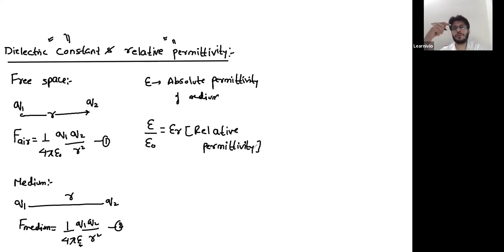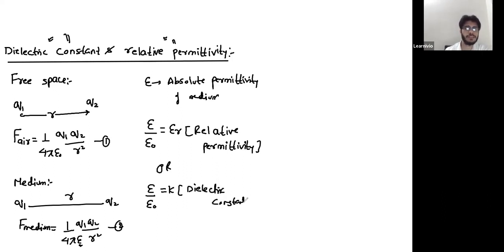So you have the ratio of epsilon and epsilon naught, the absolute permittivity of the medium and the absolute permittivity of free space, which is relative permittivity. Or you can define the same ratio of epsilon and epsilon naught as K, where K is the dielectric constant. So mathematically, the dielectric constant and relative permittivity are the same thing. Now, don't get confused with the K which we substituted as 1 over 4 pi epsilon naught. These two Ks are different.